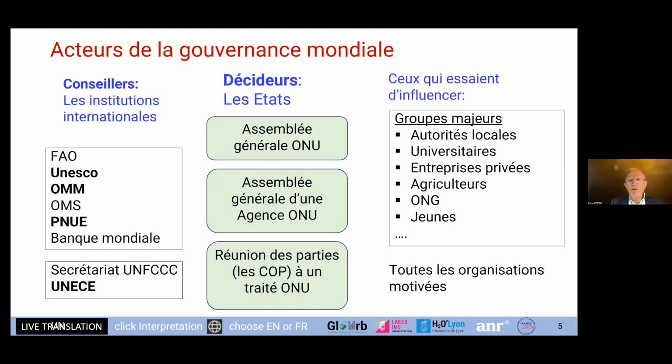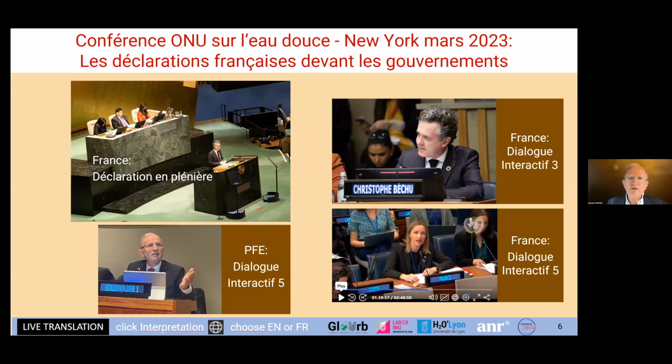Now, it can work. Let me give you an example. So last year, there was a historic conference on freshwater in New York, organized by the UN. France was represented in two ways. On the one hand, the French government sent over two ministers. So we can see the ministers on the photos, and they expressed themselves on behalf of the government.